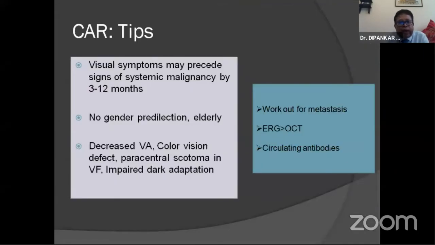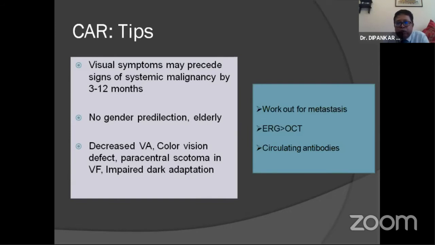A few tips for CAR: visual symptoms may precede the signs of systemic malignancy by 3 to 12 months or so, no gender predilection, seen mainly in the elderly, with decreased visual acuity, color vision defect, paracentral scotoma in the visual field, and impaired dark adaptation. A complete workup for metastasis is very, very important.